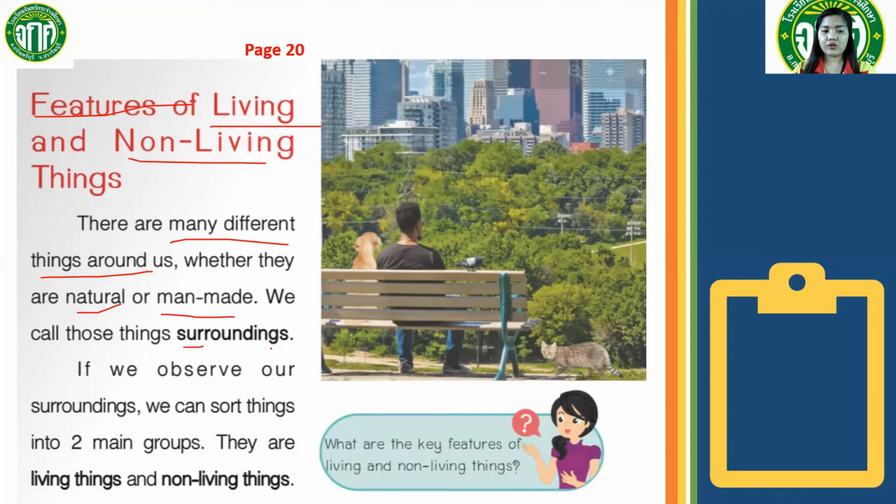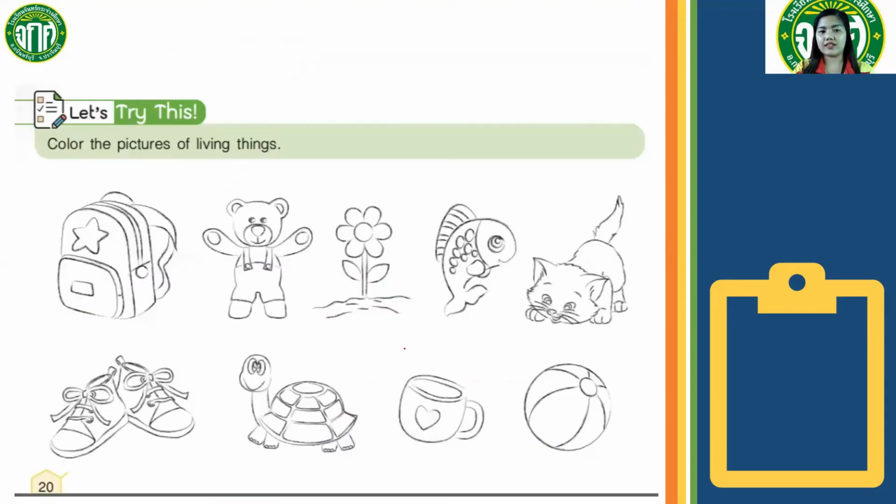If we observe our surroundings, we can sort things into two main groups: the living things and non-living things. Let's see what non-living things and living things are.